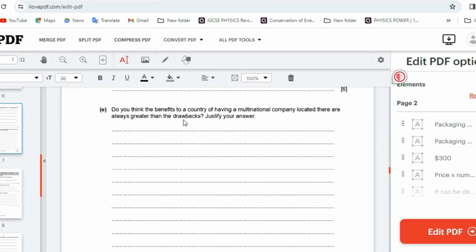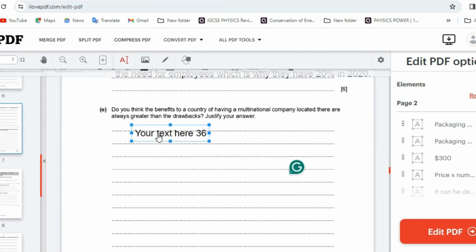Which one do you think is greater when the business wants to become a multinational company? Okay, let's try and see the benefits first before we move to the drawbacks or the limitations.